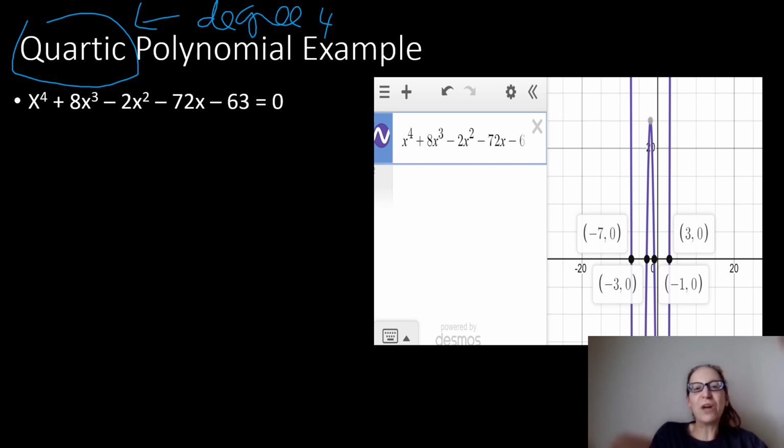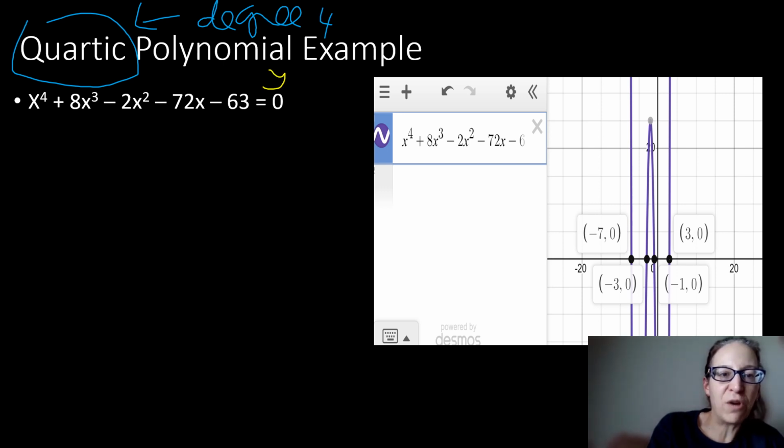What you can do is go ahead and graph it, and then the solutions are the same as the roots. We did this a little bit before: if you think of the 0 as being the y, then what you're looking for are the places where the y is 0.